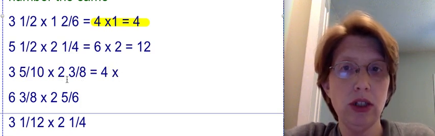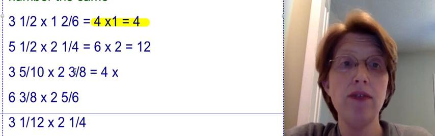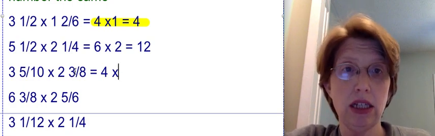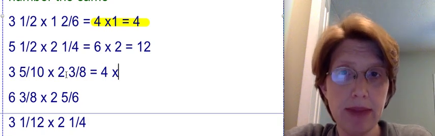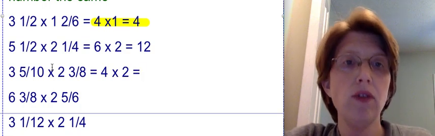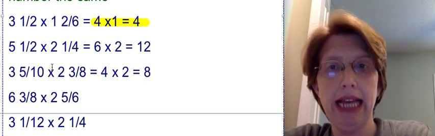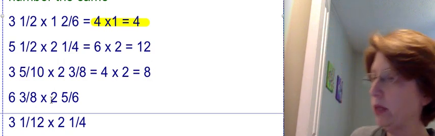Now look at this one. 2 3/8. Is 3 half of 8? No, it's less than half of 8. So we're going to keep that a 2 and multiply. 4 times 2 is 8. Okay, that was number 3.